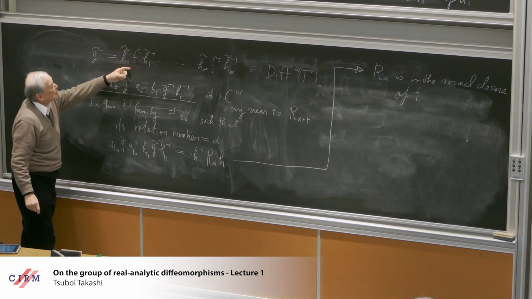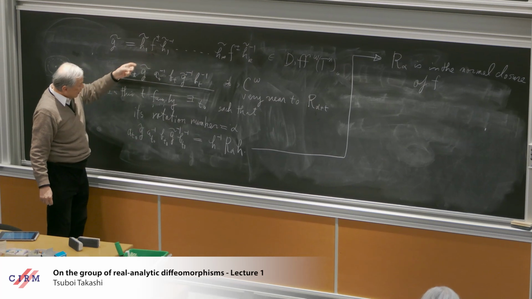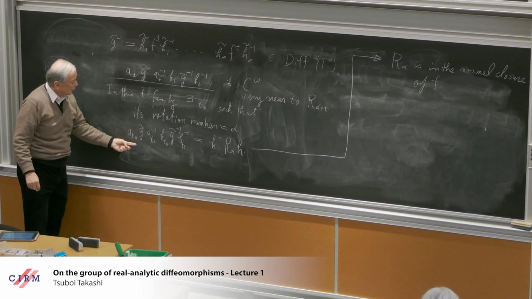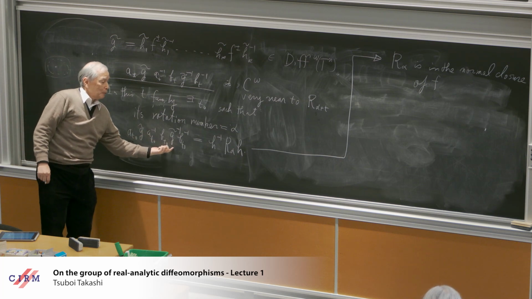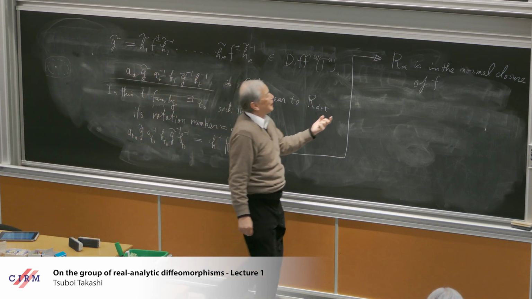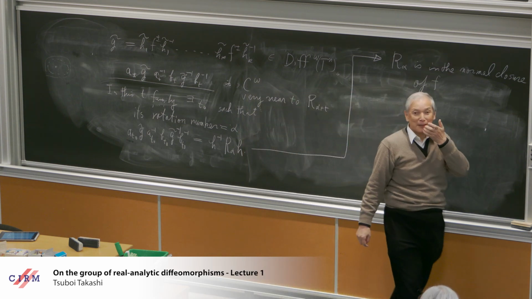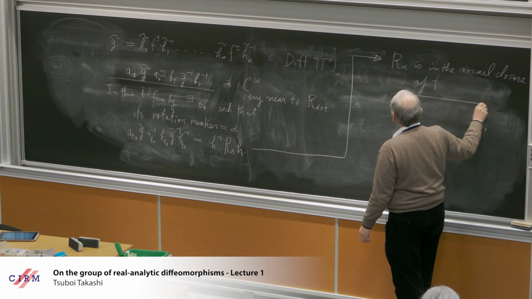This is the product of the conjugates of F or F inverse. And even if it is conjugated again, the same thing. So R alpha is in the normal closure of F. Okay.